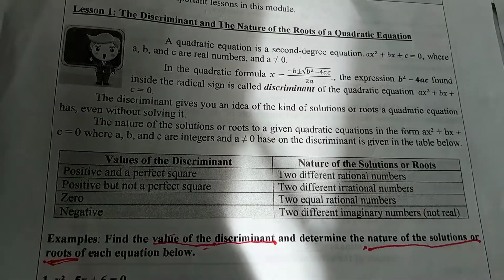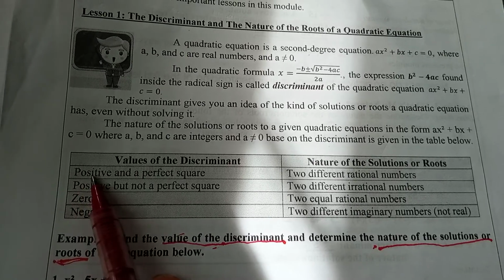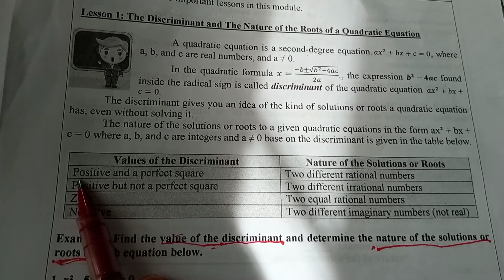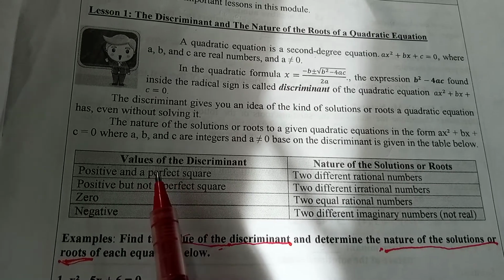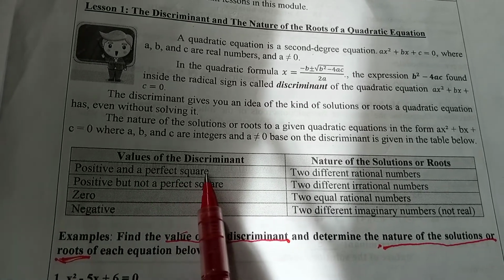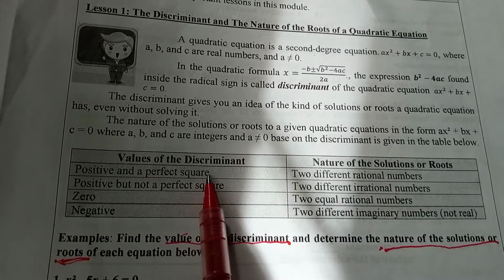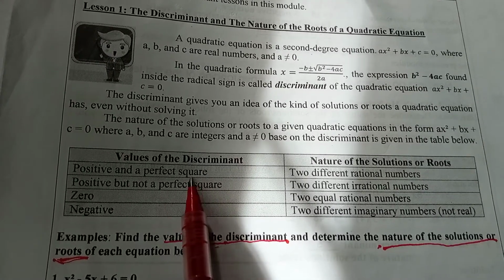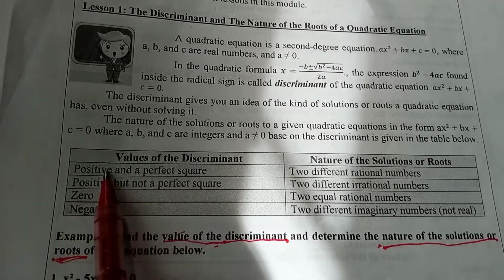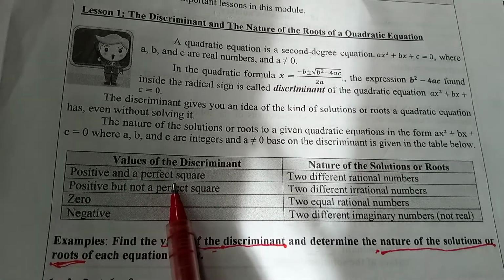So atong value karon sa discriminant is positive 1 man, so belong siya diri positive. Kung ang value nato sa discriminant is perfect square, partner ni silang duha. Either positive or perfect square.